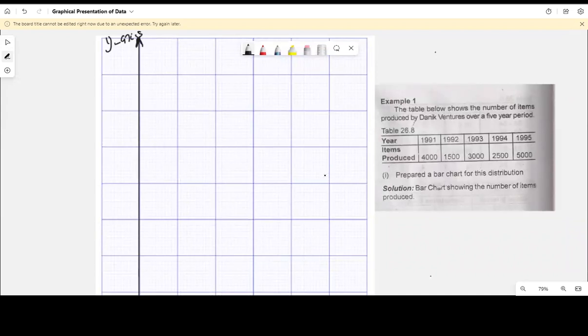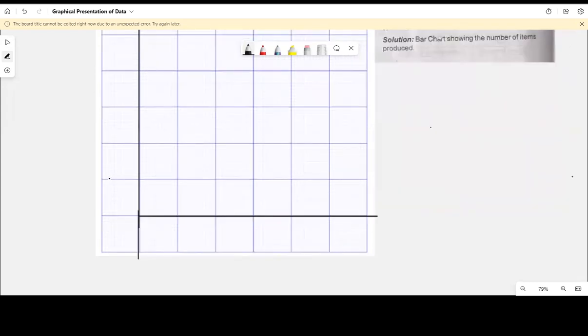A standard graph book has a distance of 2 centimeters between one bold line and another bold line. So in this case, what I have here is a standard graph. I'm using a unit of 2 centimeters to represent 1,000 units based on this data. So on the y-axis, my scale is 2 centimeters to 1,000 units.